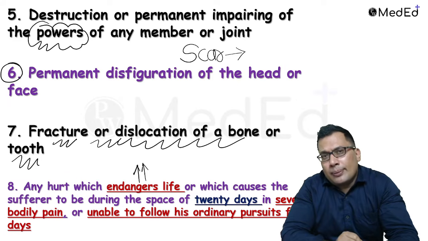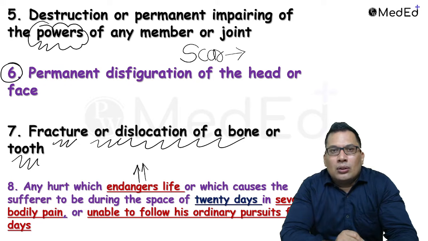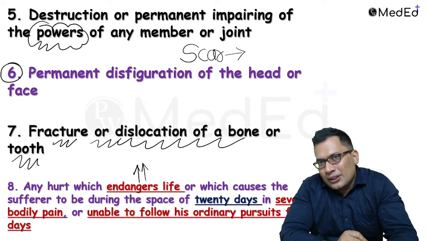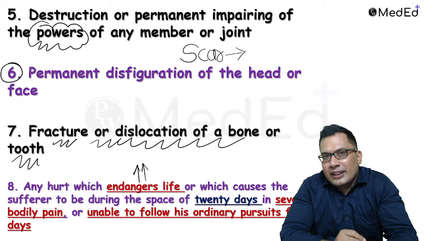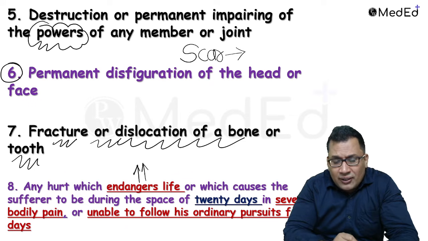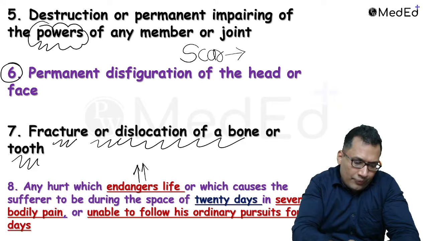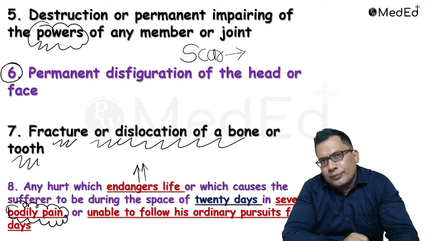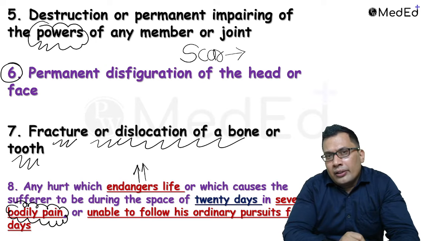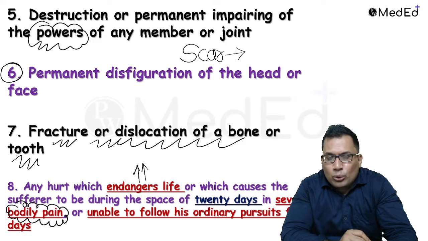Example, stab injury over the abdomen which endangers life, or stab injury over the neck leading to laceration of the platysma muscle can be an injury which endangers life, or which causes the sufferer, during the space of 20 days, severe bodily pain, severe bodily pain for about 20 days, or unable to follow his ordinary pursuit for about 20 days.